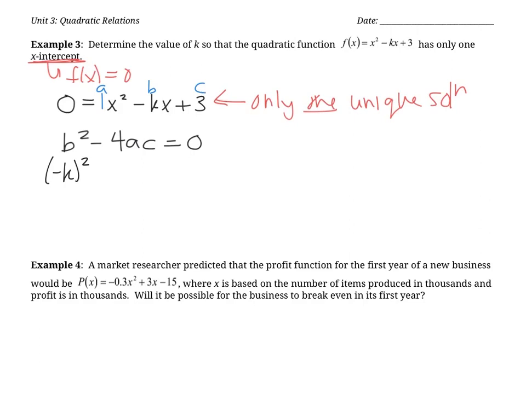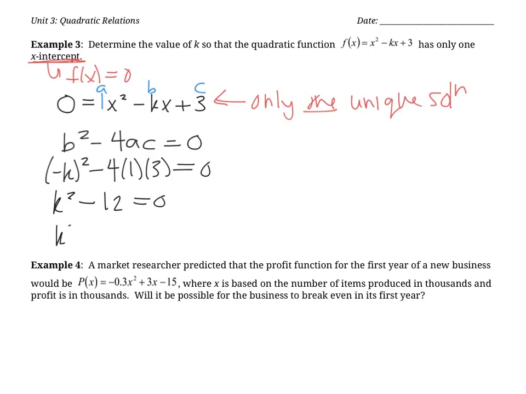Okay, so we have b squared, which is negative k squared, minus 4 times our a value of 1, times our c value of 3, and that all has to equal 0. So we have one equation and one unknown, which means that we can solve for this, and our unknown value is k. So negative k squared, a negative times a negative makes a positive, k times k is going to be k squared. So we have k squared minus 4 times 1 times 3, which is negative 12, equal to 0.